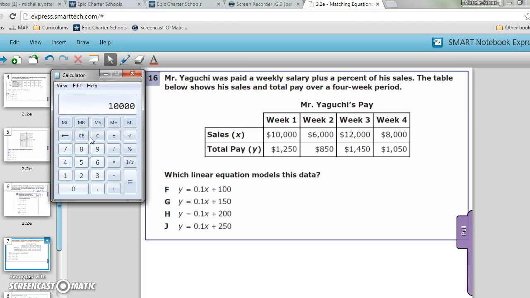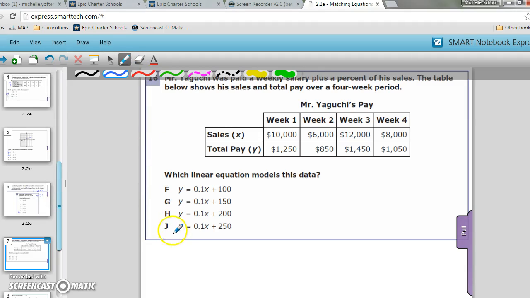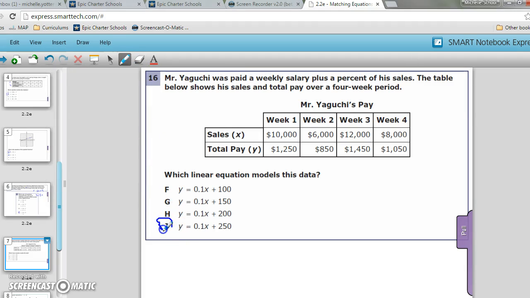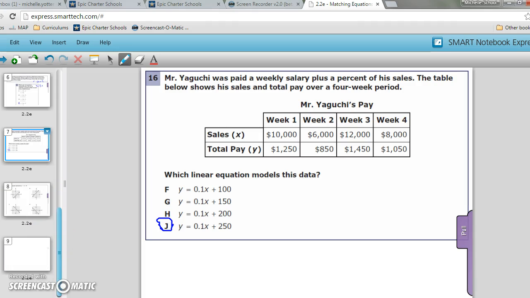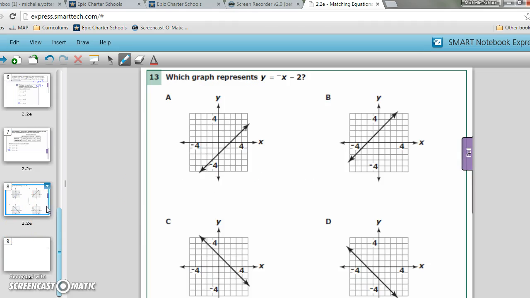Okay, 10,000 times 0.1 plus 200. Oops. Gives me 1,200. So it's not that one. And then the last one gives me 1,250. Right there. Okay, so the answers are always there. So, feel free to plug and check. I think that's easiest sometimes.